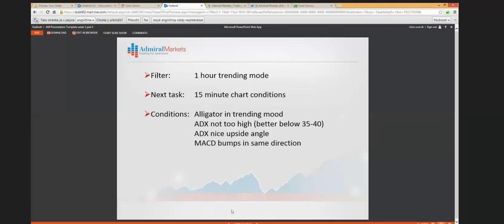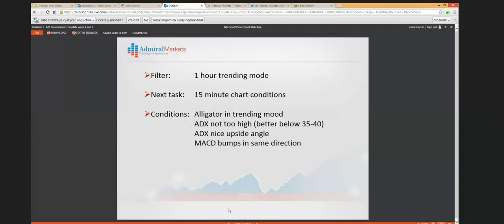Now, our goal is the 1-hour trending mode. It's the filter. The next task we're going to be looking for is the 15-minute chart conditions. So what are we looking for at the 15-minute level? Now, the Alligator we want preferably in a trending mode. We don't want the average directional index to be too high, preferably below 40. Why? What is the philosophy behind that?